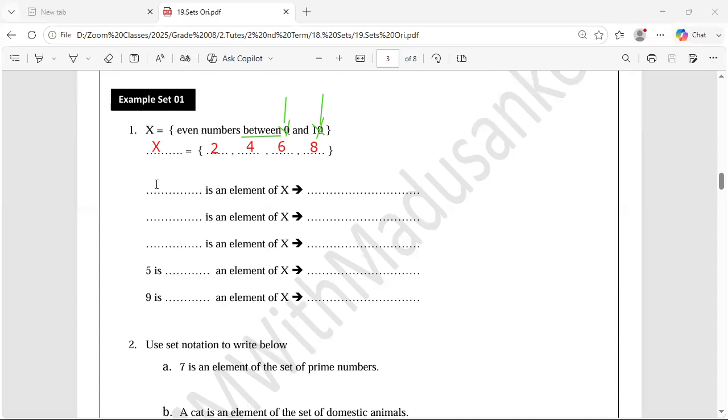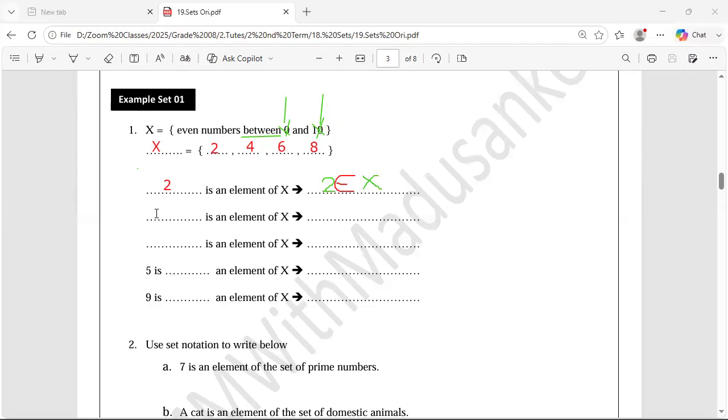I will take 2 is an element of X. How to represent that using the notation? 2 is an element of X. Let me show you with my pen. 2, is an element, that is epsilon, of X. 2 is an element of X.